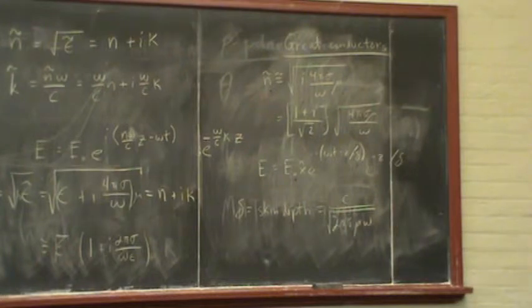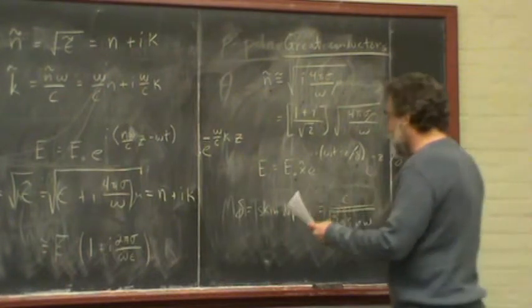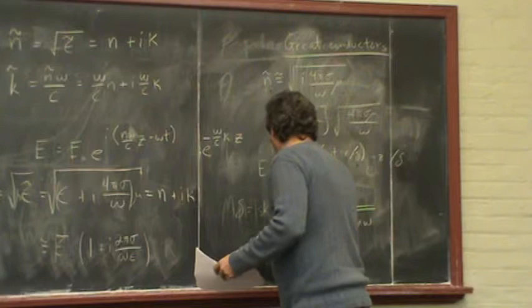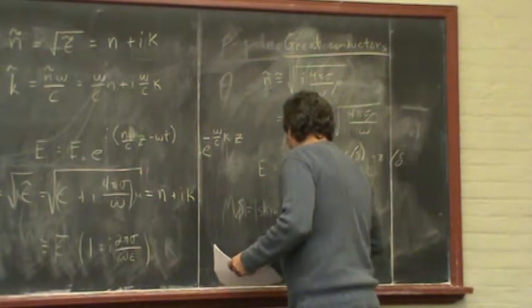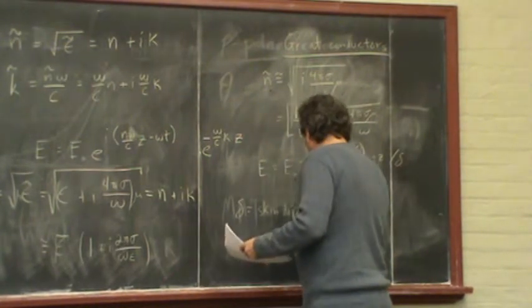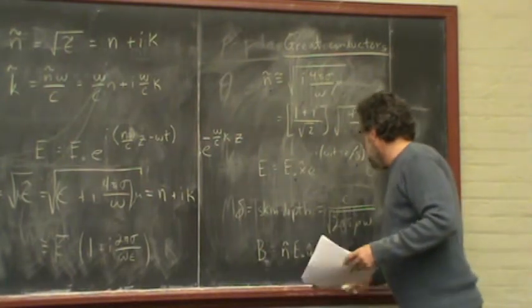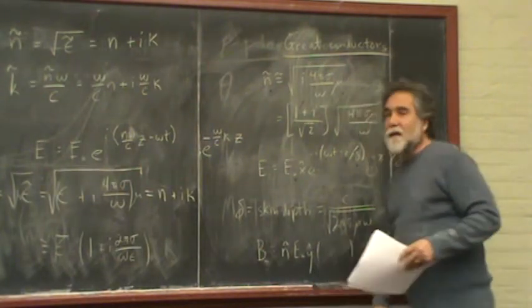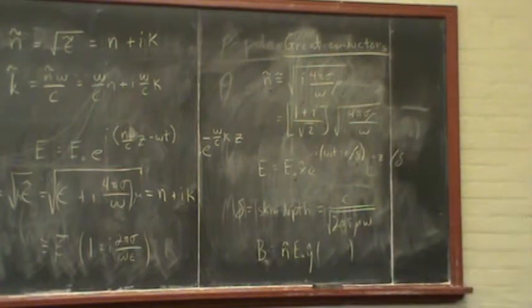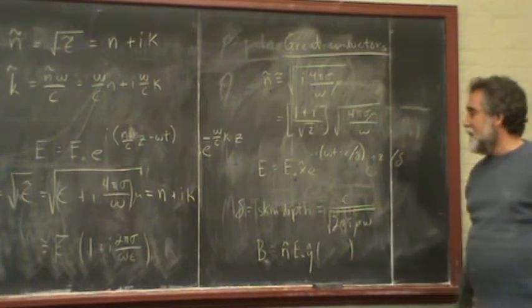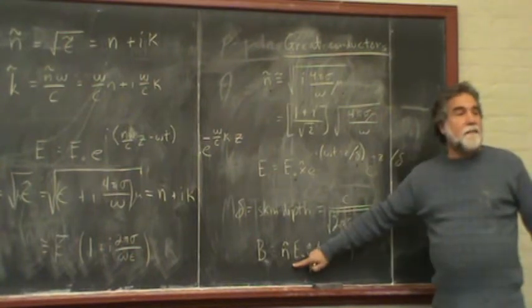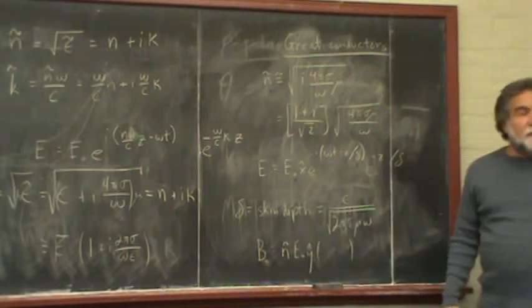The interesting thing about this is that remember the magnetic field is equal to that complex index of refraction times E naught times some other terms, y hat, other stuff. The other stuff is the oscillating and decaying portion. So this is the same here as there. But here, I've got this complex index of refraction.